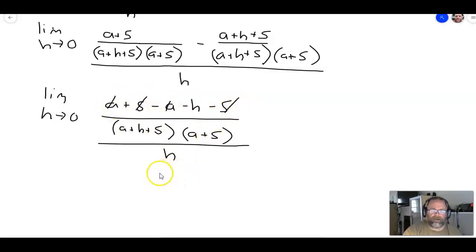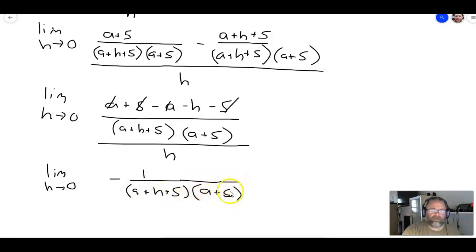So if I basically multiply by the reciprocal of the denominator, multiply this fraction here by 1 over h, the h's are going to cancel out, and this is just going to leave me with the limit as h approaches 0 of, and we still have the negative there, and it's going to be 1 over this crazy thing here, a plus h plus 5, all times a plus 5.